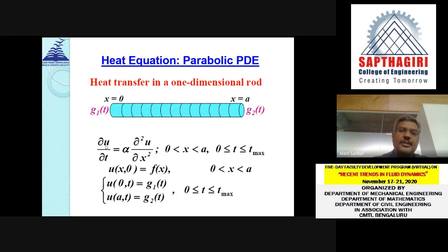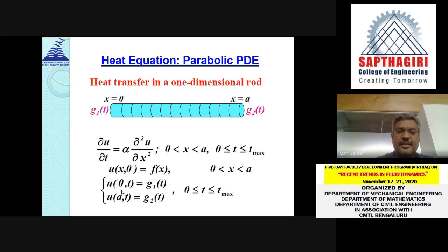Because it's a time dependent problem, we need to specify what is the initial temperature of, here U is the temperature, the rod. So here if you see U of x comma 0 equal to f of x, which means at time t equal to 0, what is the temperature of the rod at different locations of x? That is given by the first condition.